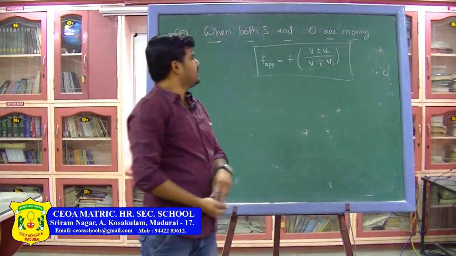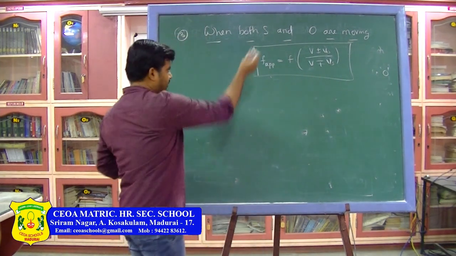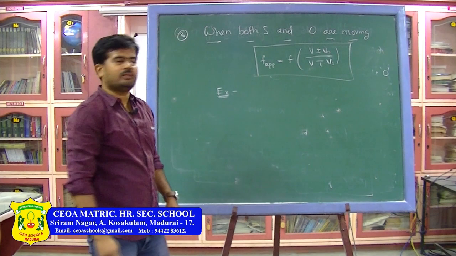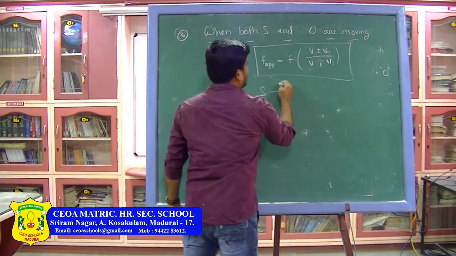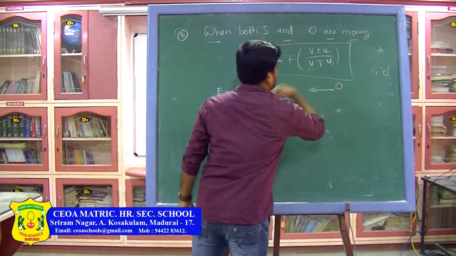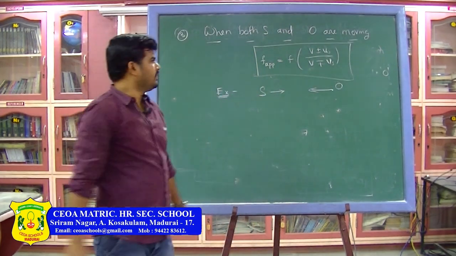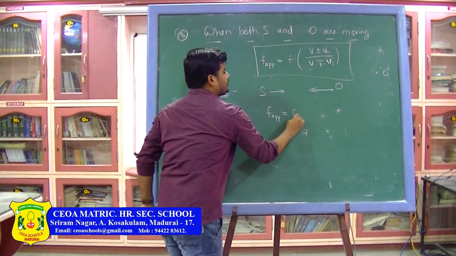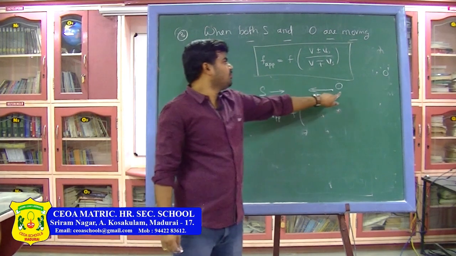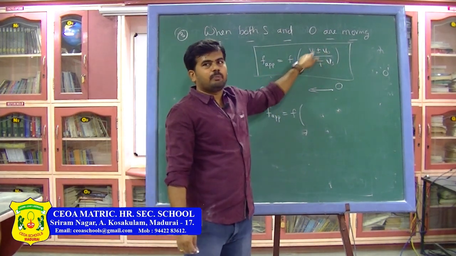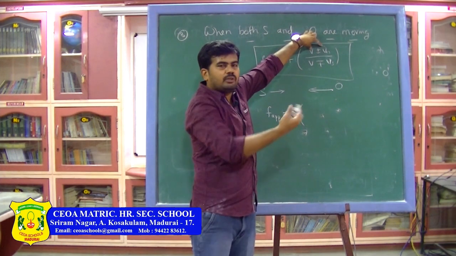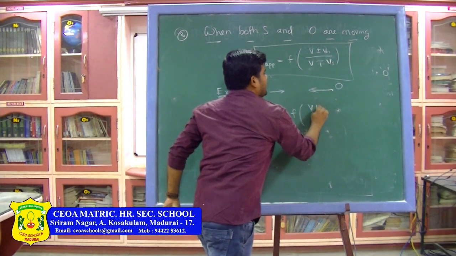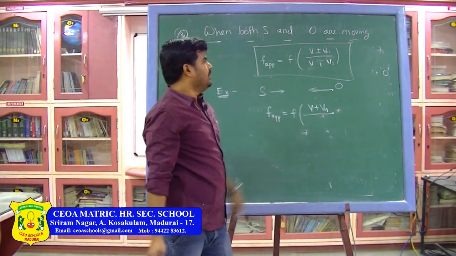Remember, depending on whether both are moving towards each other, for example, if I generalize this for this particular example, when the source and observer are approaching each other, the apparent frequency can be written as f apparent is equal to f into. When the observer is moving towards the source, you can take V plus V naught, because the speed with which the observer receives the waves will be increased. So, the numerator will be V plus V naught, divided by the denominator.